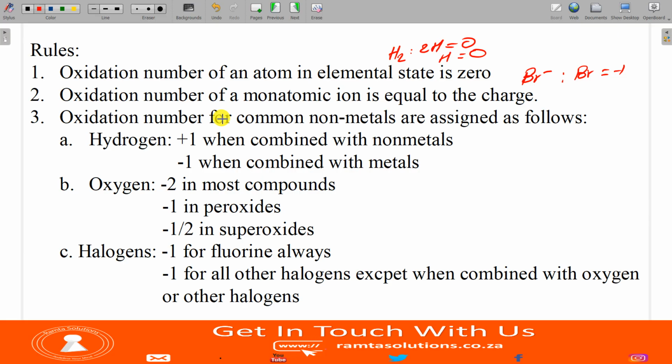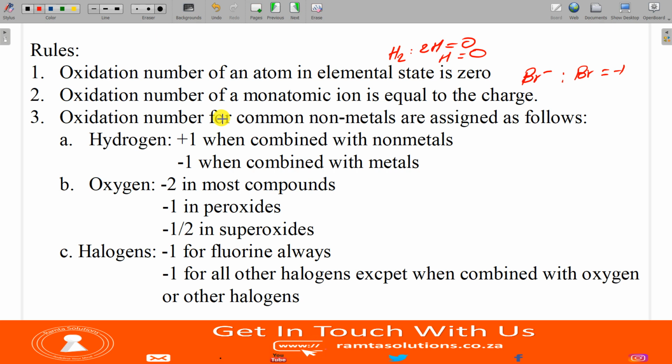Now, oxidation numbers for non-metals are assigned as follows. From grade 10, you know what non-metals are and where they are. Let's look at hydrogen. The oxidation number of hydrogen when combined with non-metals will always be +1.